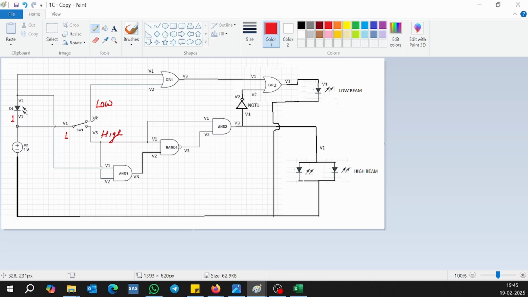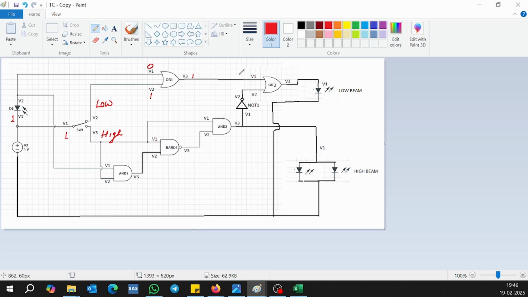So what happens now? V1 of the switch is 1. V2 becomes 1 because this is now connected. Then this V2 makes this V2 equal to 1. The moment this V2 becomes 1, what happens? This is an OR gate, right? This is 1 and this is 0. So output becomes 1, V3 becomes 1.